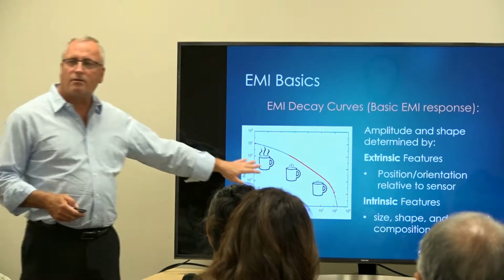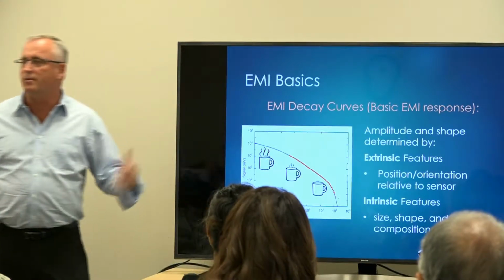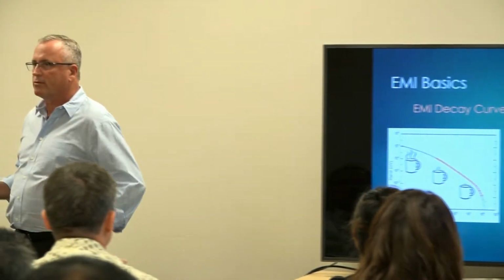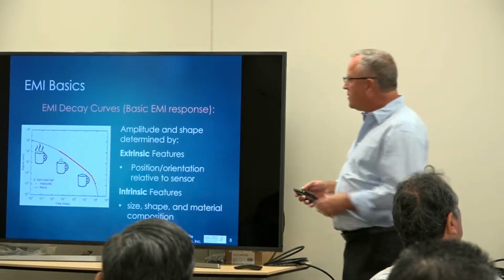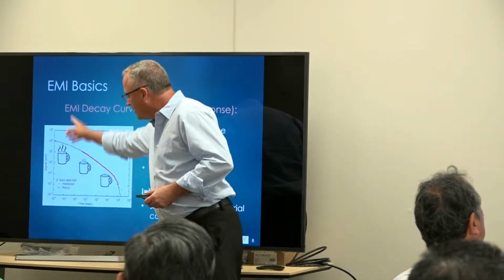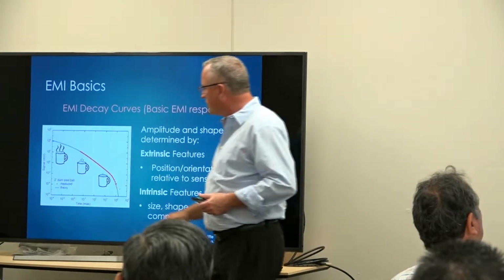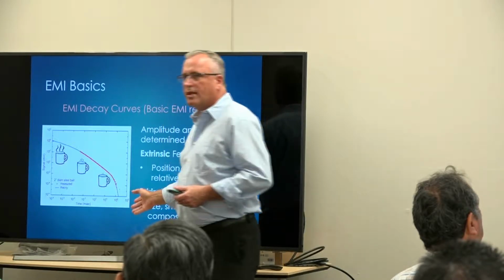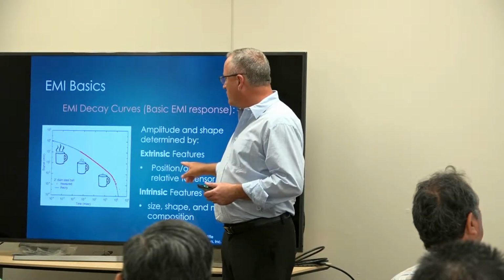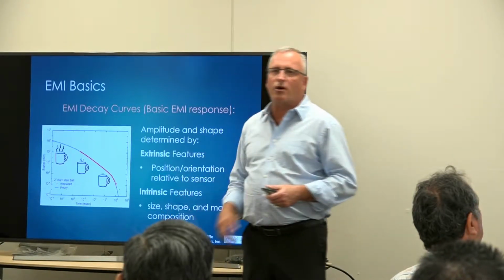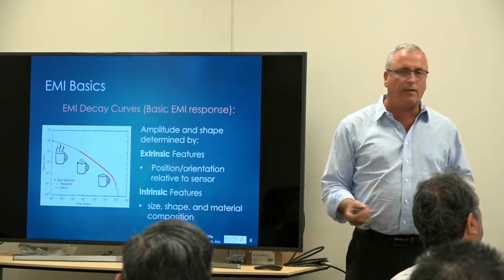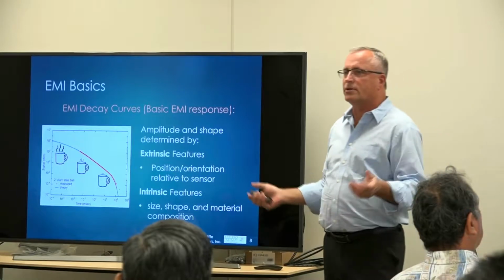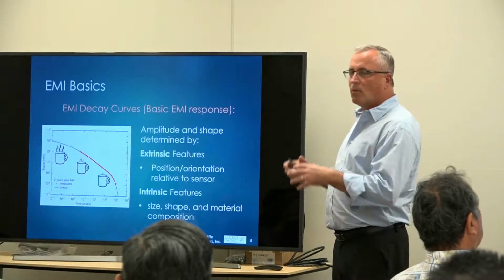But if you think of it like energy dissipation, like a cup of hot coffee where the heat dissipates with time, it's the same concept. The amplitude, how far it can go on that axis, and how far out the signal extends, is related to both extrinsic features, how far you are away from the sensor, what the orientation is relative to the sensor, and the intrinsic features: how big is the object, what is the object shaped like, and what is it made of.